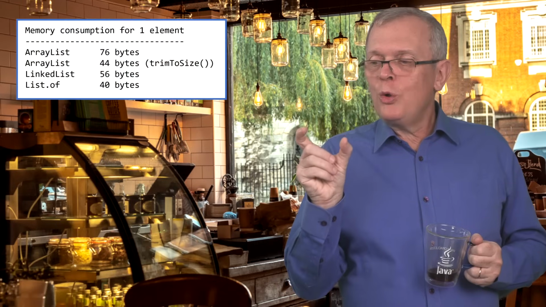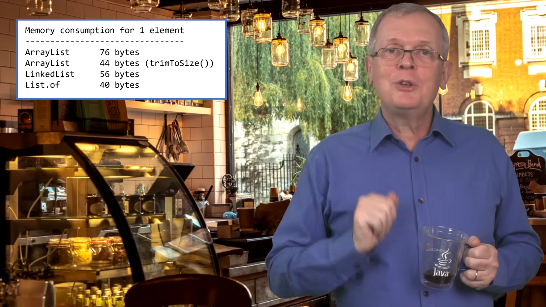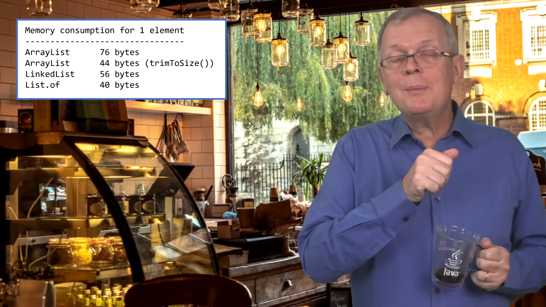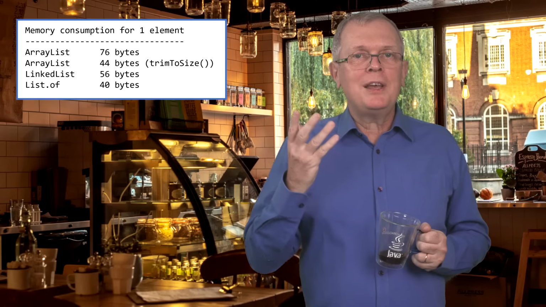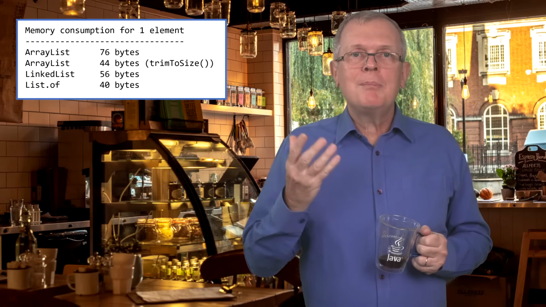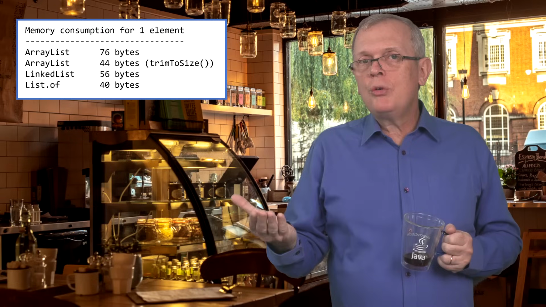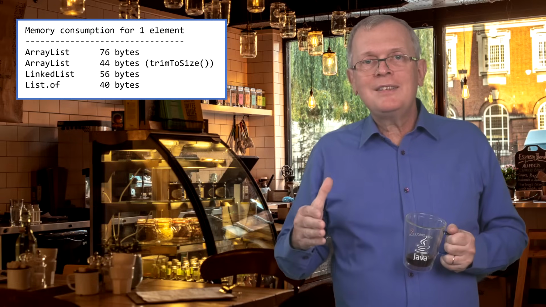By the way, if you call trimToSize on a one-element array list, then it becomes smaller than the one-element linked list. You will immediately save memory by calling this method, but you will also have to grow your list again the next time you add an element to it.